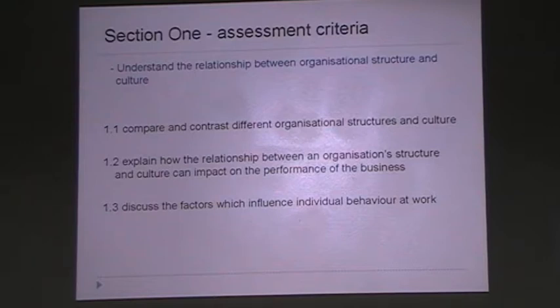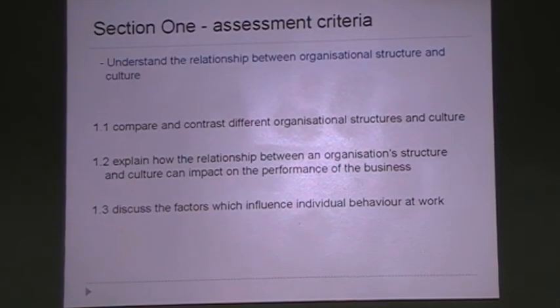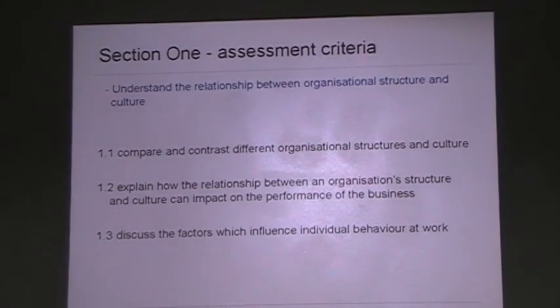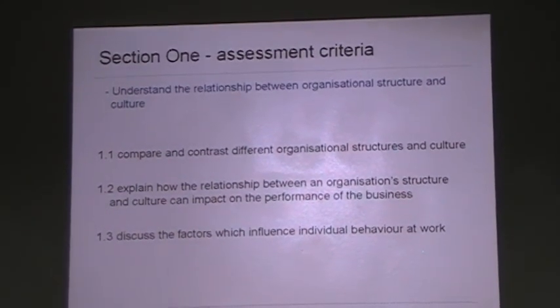Number 2 assessment criteria is to explain how the relationship between structure and culture can affect performance either positively or negatively. The last assessment criteria we'll be looking at here today is to discuss the factors which influence individual behavior at work.